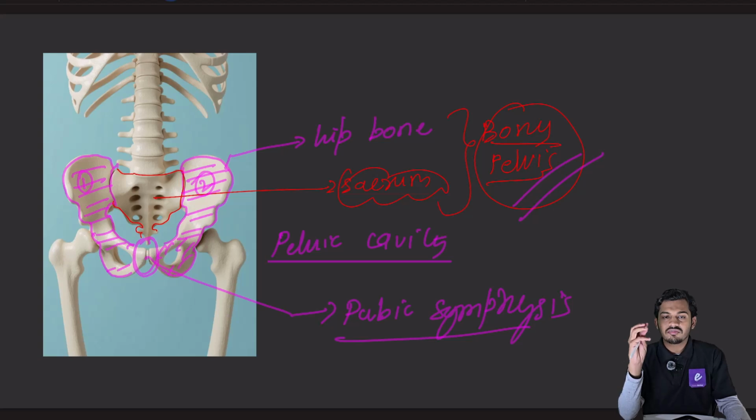Now the male and female reproductive system or organs, they are present in this pelvic cavity.